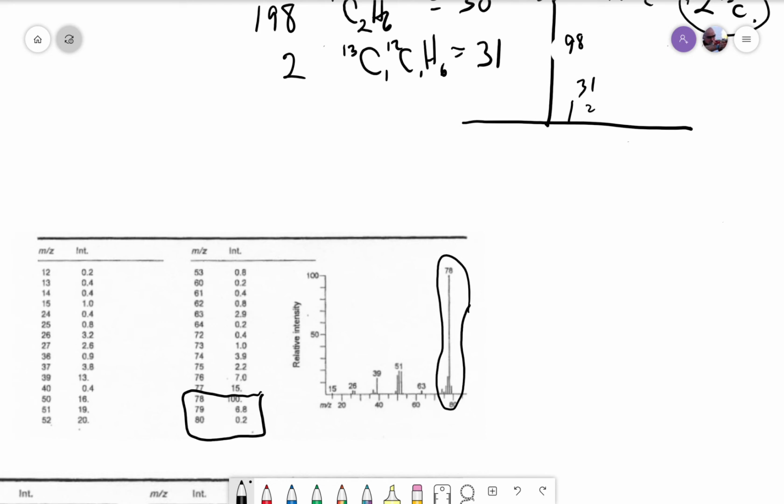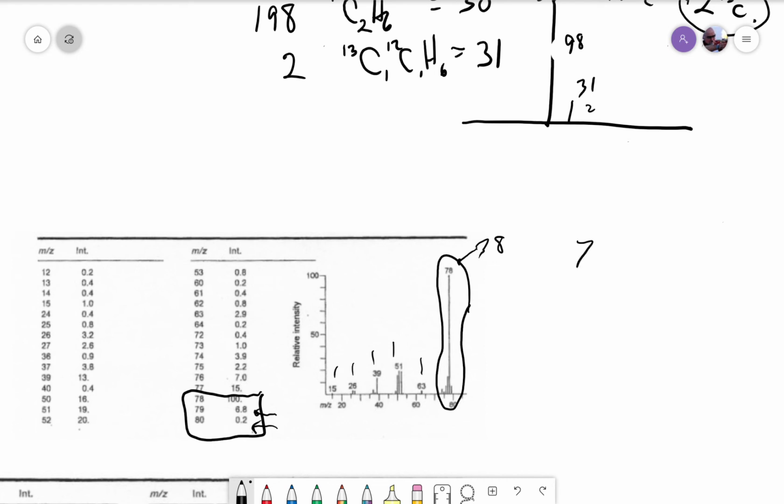For example, if we look closely at this mass spectrum, we see that the molecular weight is probably 78. Notice that the fragments are predominantly odd. So if we have a molecular weight of 78, then we can see these little peaks showing up at 79 and 80. Let's focus on that one at 79.